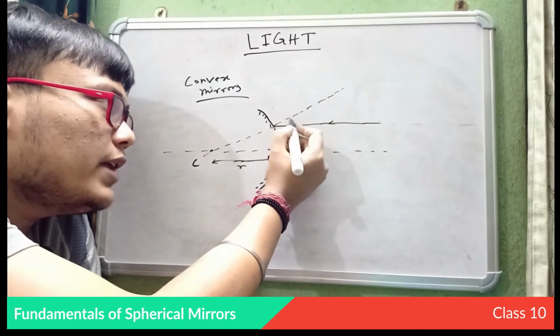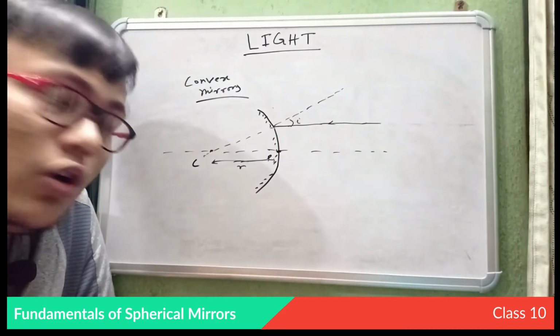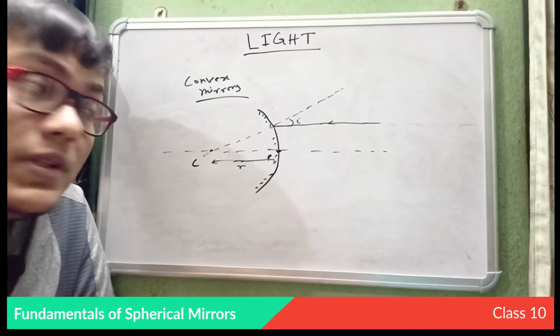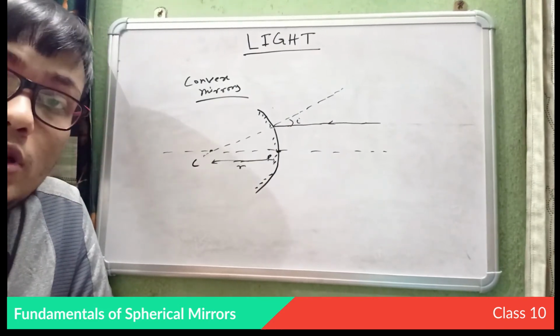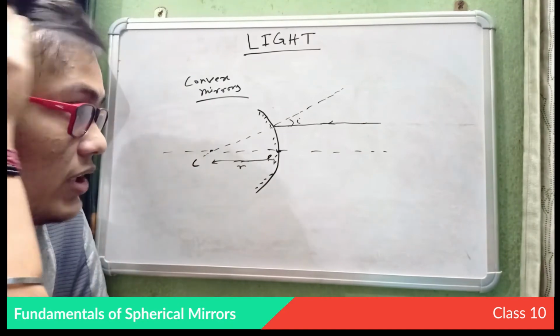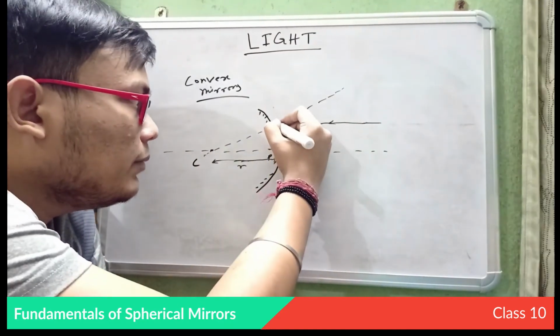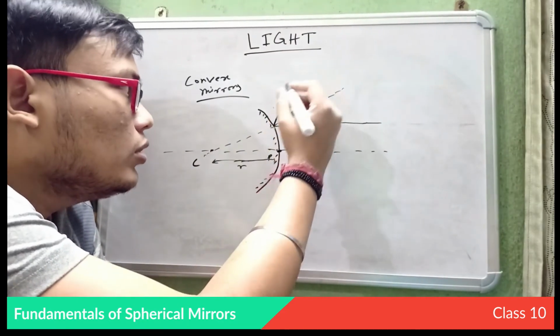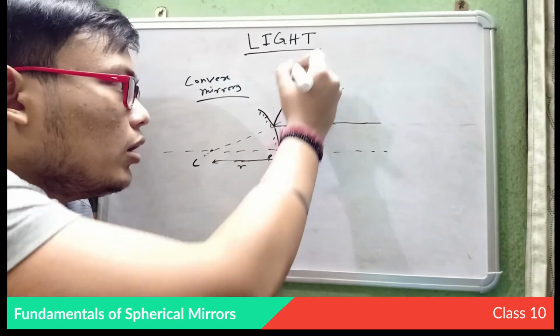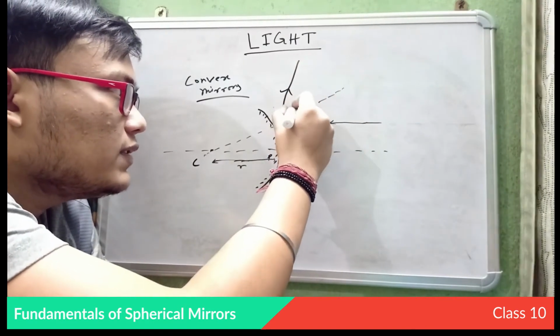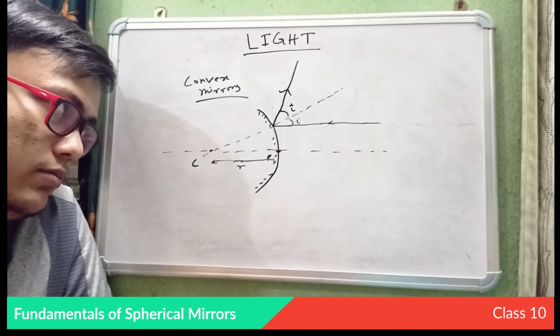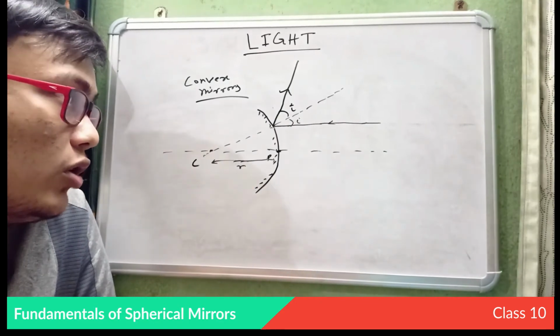Let's say the angle of incidence is I, so it will always be reflected back with the same angle based on the laws of reflection, right? So it will be reflected back with the same angle. The angle of reflection will also be I.